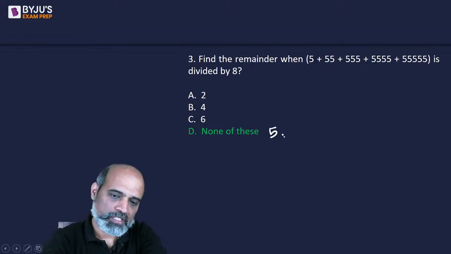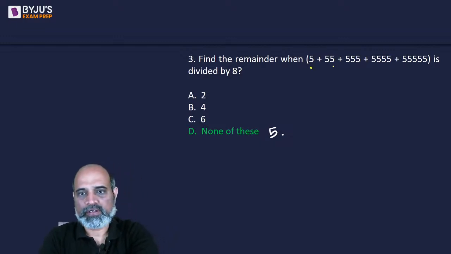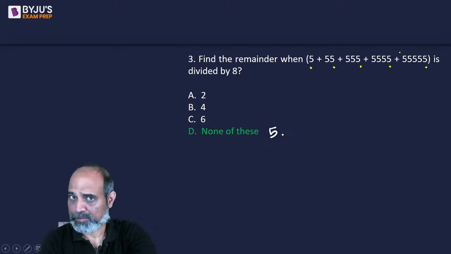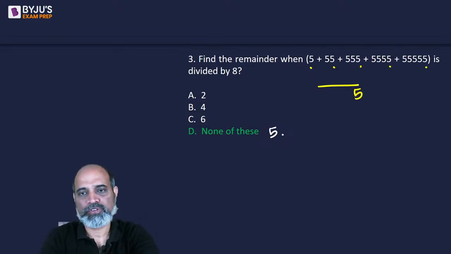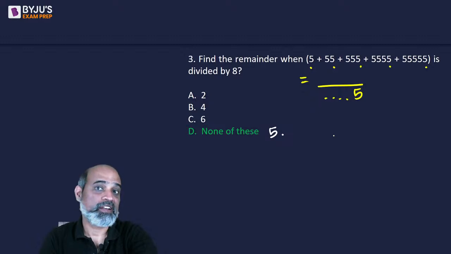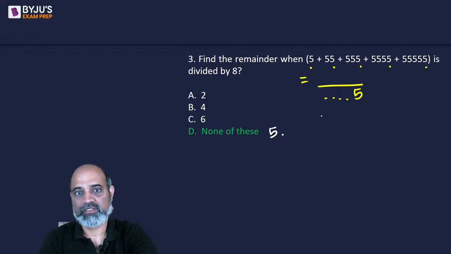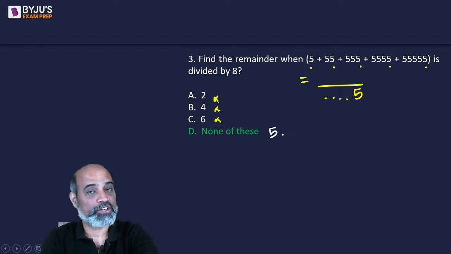There was another way to solve this quickly. The method was, if you add the units places 5 5 5 5 times, so the last digit is going to be 5. That is the sum of these. When you have an odd number and when you divide it by an even number, your final answer will always be odd. 2, 4, 6, neither of them is odd.